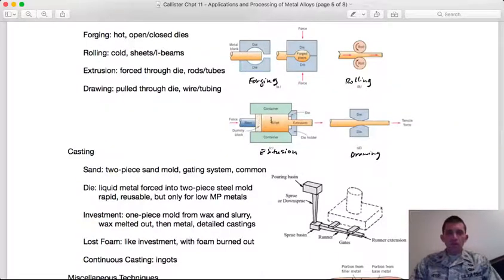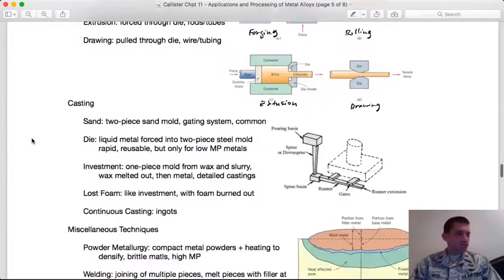But generally, this is going to work with your softer metals. Think of your aluminums or your magnesiums, those sorts of things. And then you've got drawing, which would be pulling through a die rather than pressing through a die. And this is how you make wire or tubing.